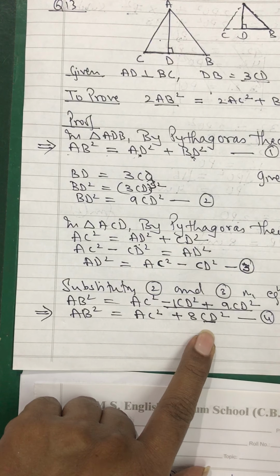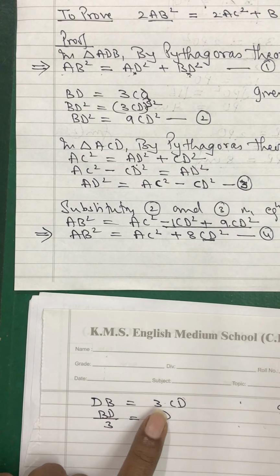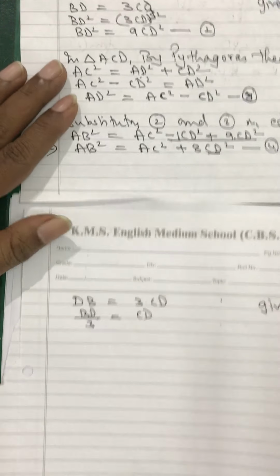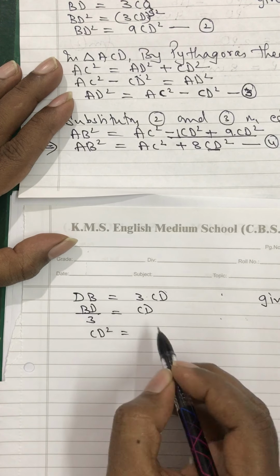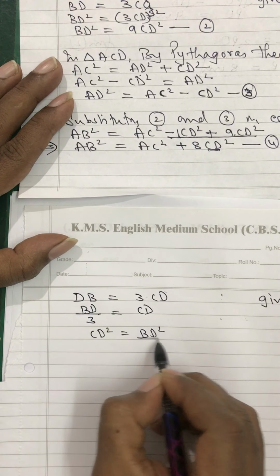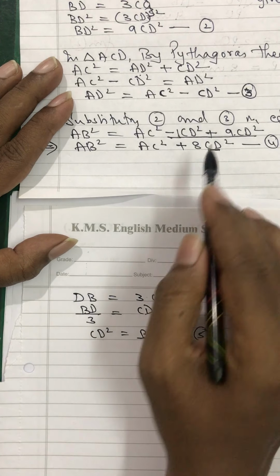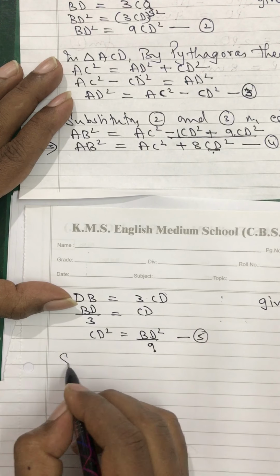Now CD I want to remove. They have given me BD is equal to 3 CD. So CD will be equal to what? 3 will come on the other side, BD upon 3. So that's what I want. Therefore CD square of this will be equal to BD square upon 9. So this is the value of CD square I have got. It is BD square upon 9.